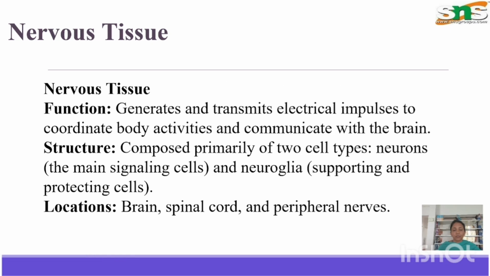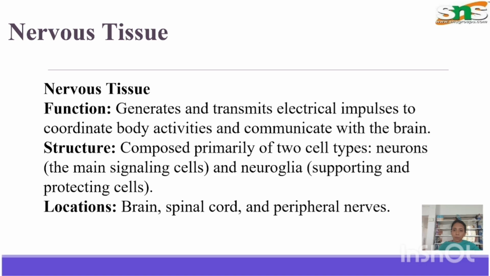Nervous tissue. The function of nervous tissue is to generate and transmit electrical impulses to coordinate the body's activities and communicate with the brain. As we all know, the brain is the major center which controls our entire human body. The brain, the spinal cord, and all the nerves in our body are completely made up of nervous tissue, which is distinct from other types of tissue.